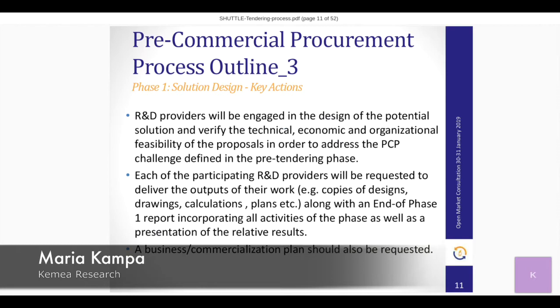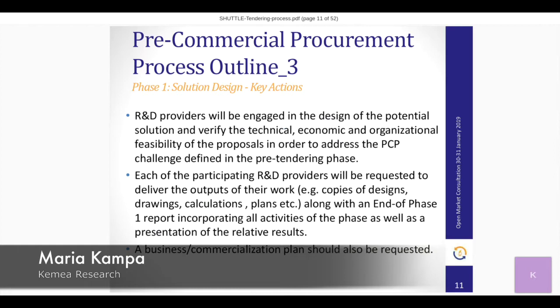So to move on to more detail in the phases of a pre-commercial procurement, the first one, as we said before, is phase 1, which concerns the solution design.